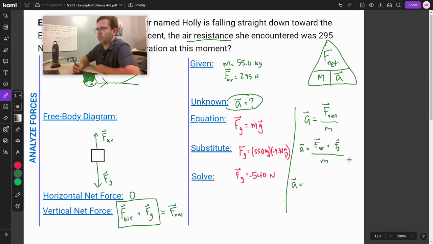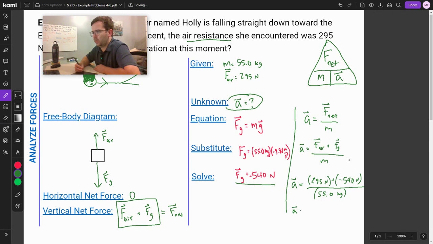The air resistance, we said, was 295 newtons. That's in our given information. And the force of gravity, we calculated that for this particular skydiver. It was negative 540 newtons. Divide that by the mass of the skydiver, which is 55.0 kilograms.